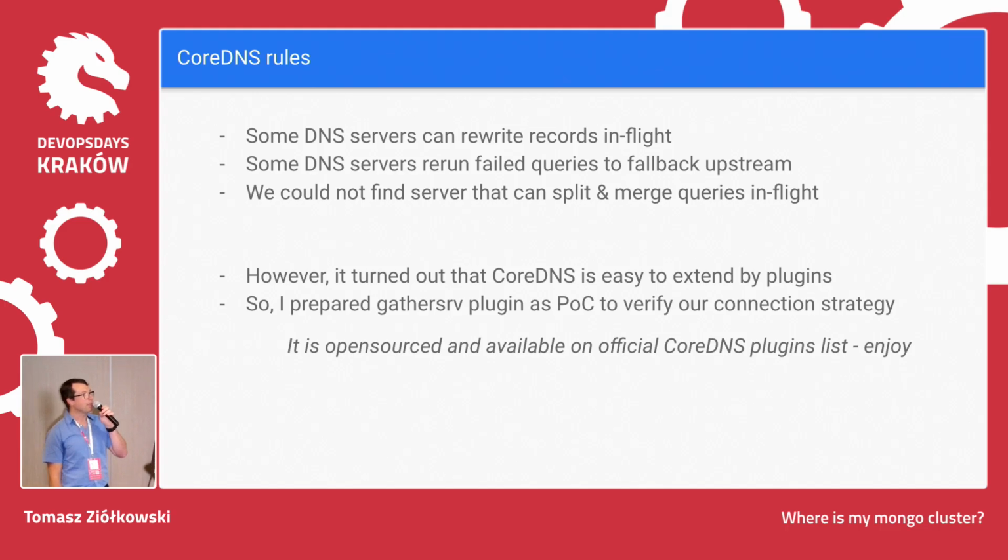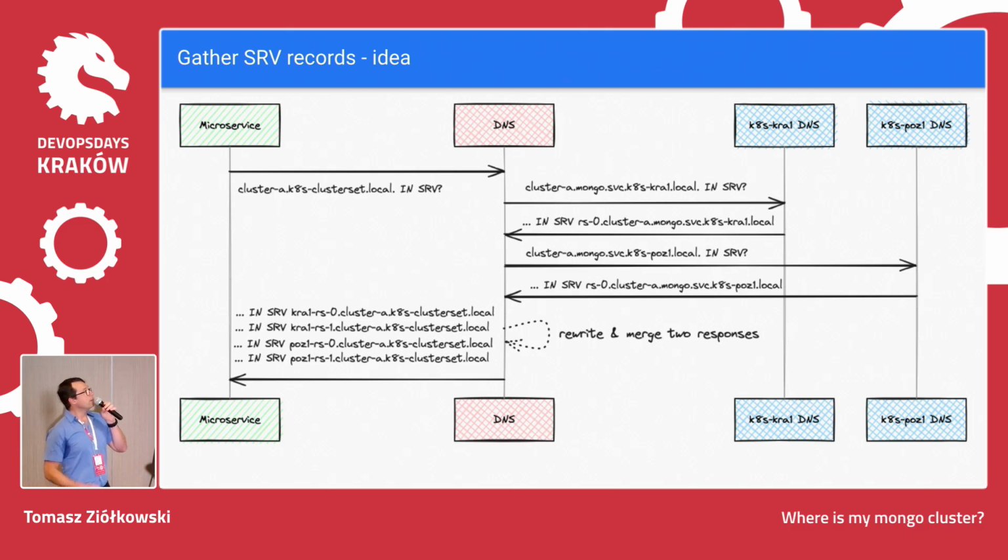So we prepared a plugin to verify if we can generate such records in flight without maintaining them directly. And how does it work? Simply, a microservice that wants to communicate with the MongoDB cluster uses the name that we showed earlier, and that query is split into two queries, to the Kubernetes cluster in one region and the second region.